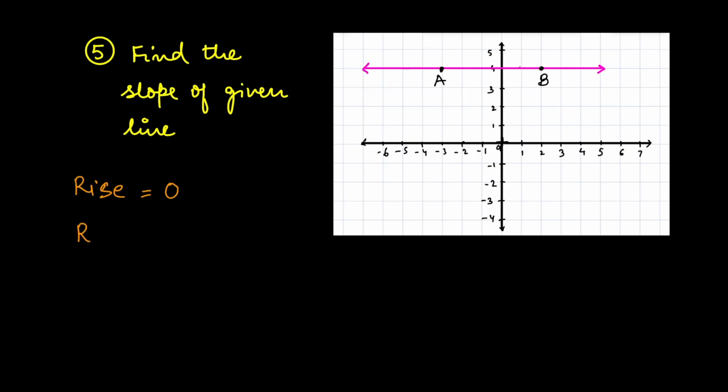And when we calculate the run from A to B, how many units did we cover here? It is 5 units, towards the right, so we take plus 5. So the slope will equal rise over run, so 0 over 5, which equals 0. Now remember that a horizontal line always has the slope 0.